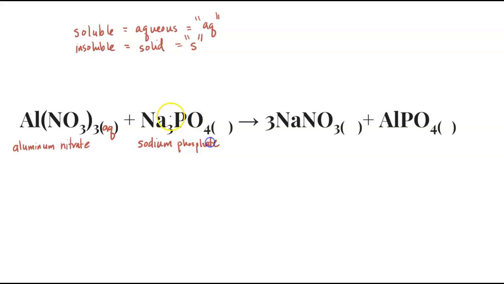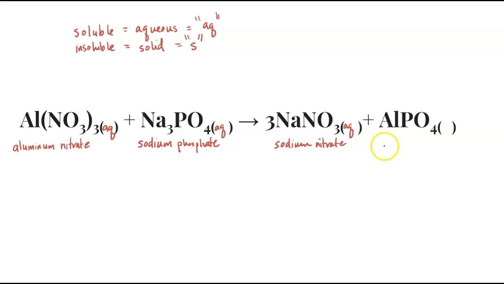Sodium phosphate, if I look at it on the solubility chart, is also aqueous. Next, I have another chemical, NaNO3. I look at my periodic table and polyatomic chart and recognize it is called sodium nitrate. And again, I recognize this is also aqueous.